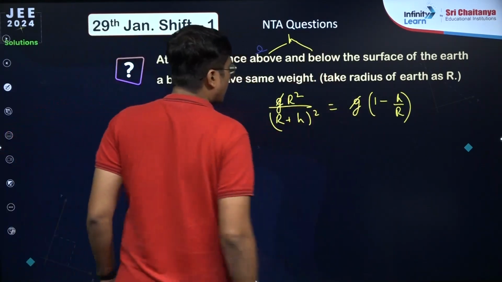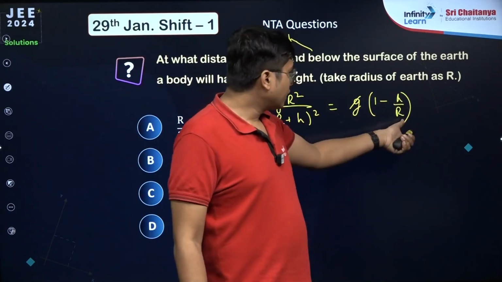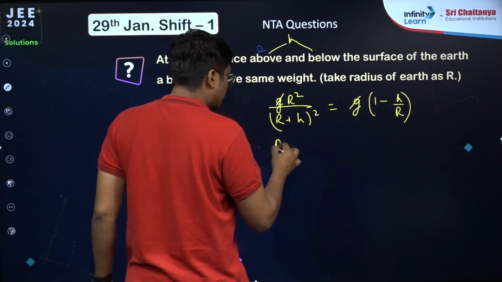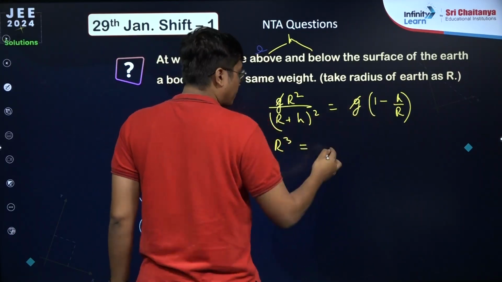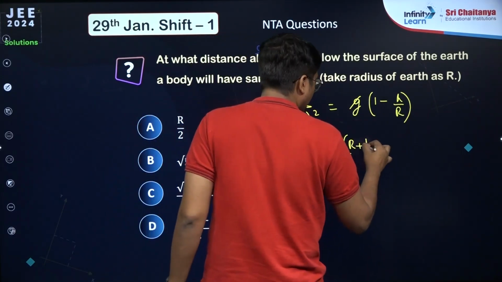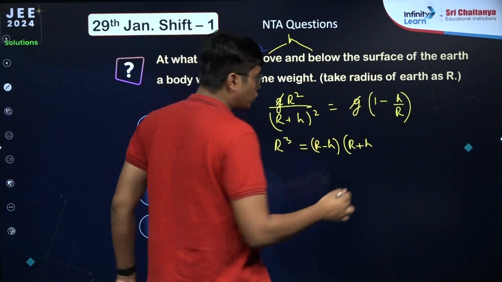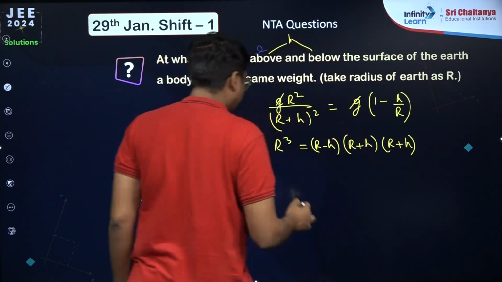Take the g's out. I use a little manipulation. Here I do R minus h by R, and then cross multiply the R over to the other side. I have R cube is equal to, here you will have R minus h into this R plus h whole square goes over to the other side. I write it separately. R plus h into R plus h.